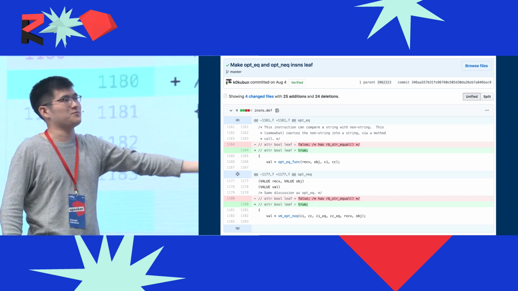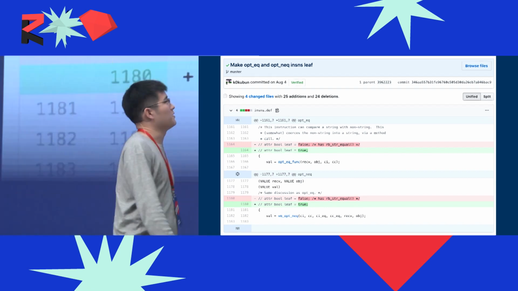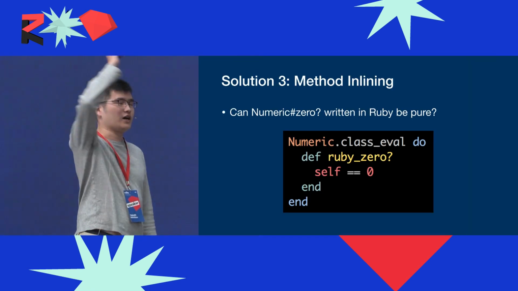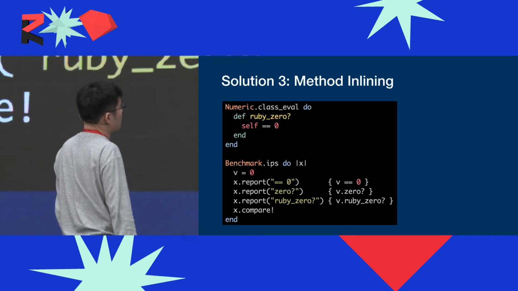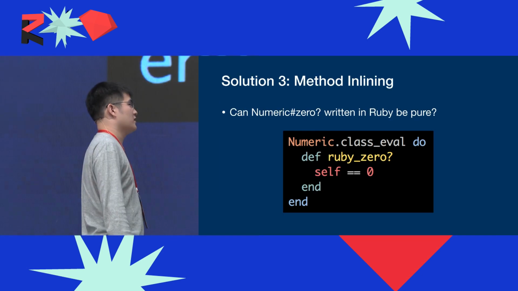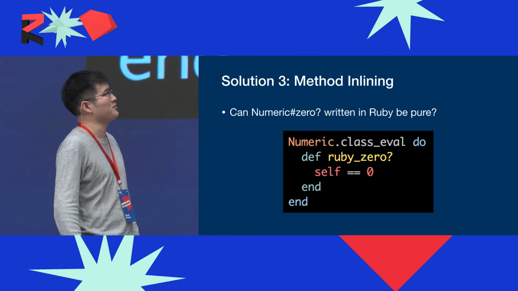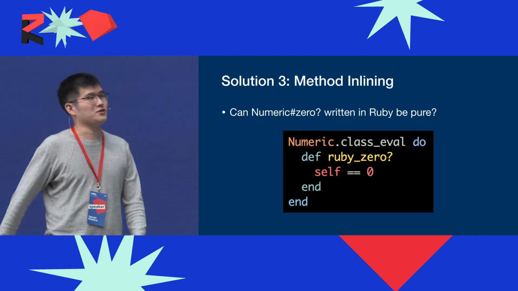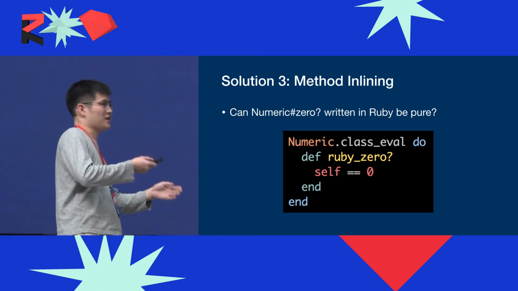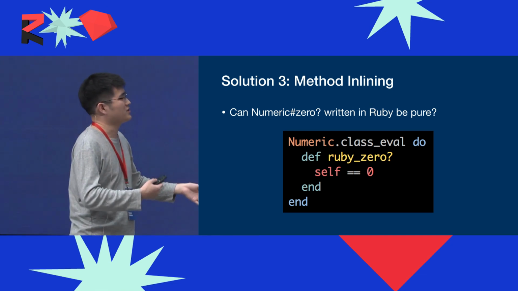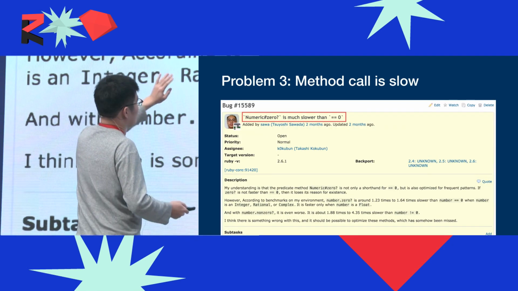So I switched from false to true for many instructions to achieve this kind of inlining for Ruby programs. Now Ruby 2.7 can inline this kind of method if the method is defined in Ruby, but currently zero question is written in C, so I need some work to allow using the Ruby version of zero question for JIT compiler mode, and so this is not closed yet.